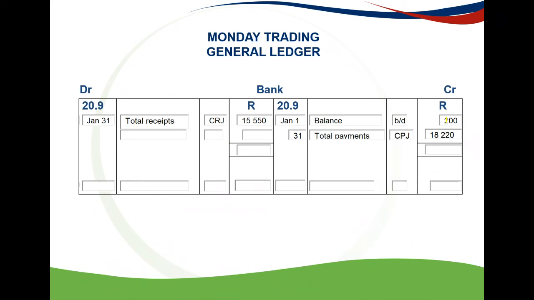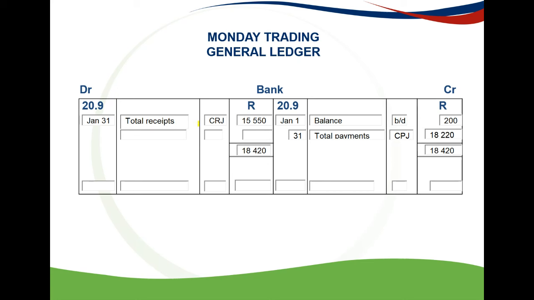So after I've confirmed that my credit side is bigger than my debit side, I use my credit side as my total. When I add my credit side together, it's 18,420. I know that on my debit side, my total must also be 18,420, so that I can balance my account.